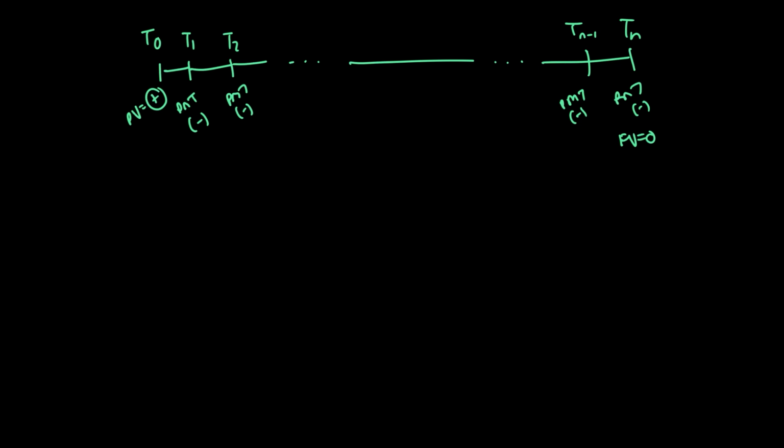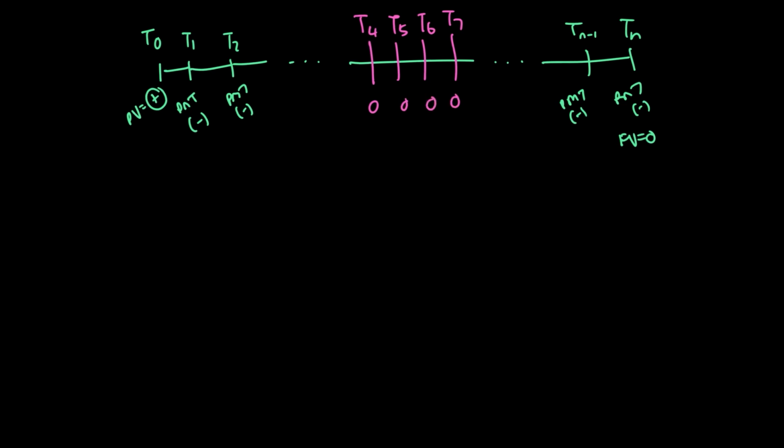Now we're going to be looking at the case where there are some missed payments. So let's look at T4, T5, T6, and T7. And let's assume they're missed payments: 0, 0, 0, and 0.